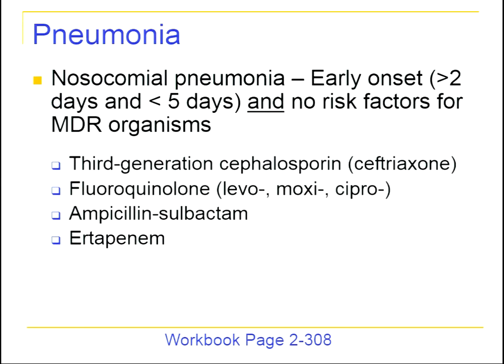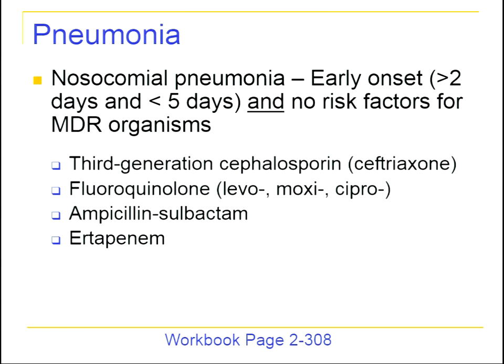Now, within nosocomial pneumonia, there are 2 types. There's early onset and there's late onset nosocomial pneumonia. Remember, the first 2 days is community-acquired pneumonia because you're believed to have come into the hospital with the pneumonia. So then after those first 2 days, we call it early onset hospital-acquired pneumonia. Those are people that are greater than 2 days but less than 5 days, which is considered late onset hospital-acquired pneumonia.